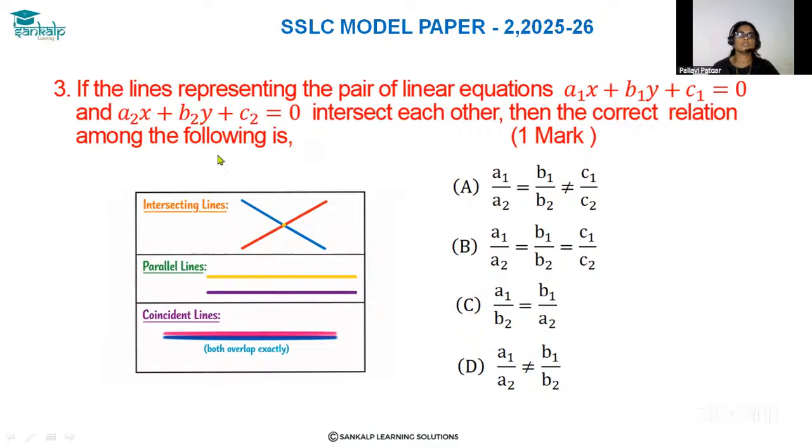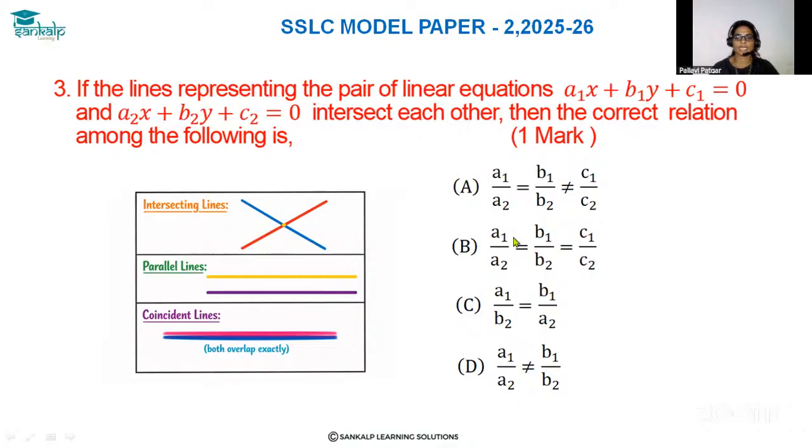Hello everyone. Look at the question number 3. If the lines representing the pair of linear equations a1x plus b1y plus c1 is equal to 0 and a2x plus b2y plus c2 is equal to 0 intersect each other, then the correct relation among the following is: option A, a1 by a2 is equal to b1 by b2 is not equal to c1 by c2.